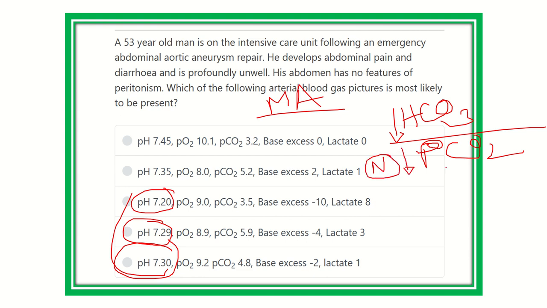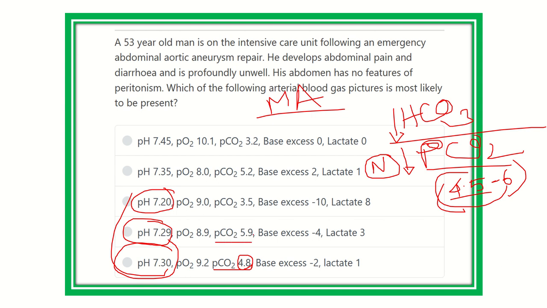So now we have to find the partial pressure of carbon dioxide which is normal or reduced, and the normal range is 4.5 to 6 kilopascal. So we have to find a value which is less than 4.5 or within the range. In the last option, we can see 4.8, which is normal.